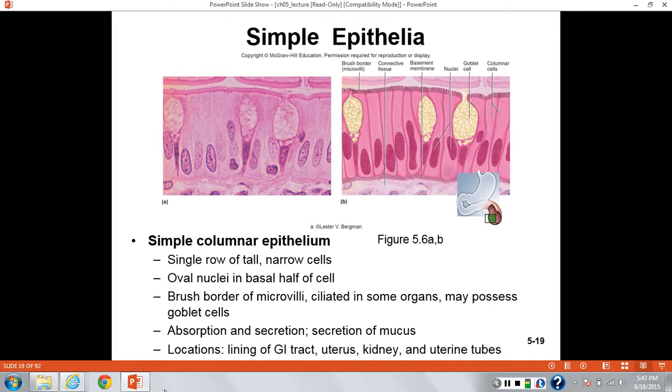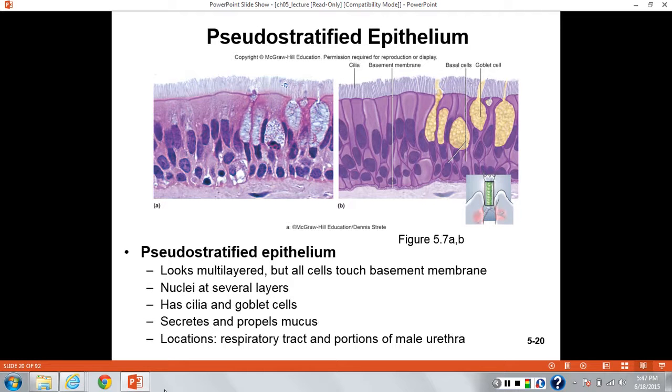We said any part of the body that is exposed to the external environment is lined with mucous membranes. What are the two most common routes in which organisms can enter the body? Mouth and breathing. So they have cilia for movement.